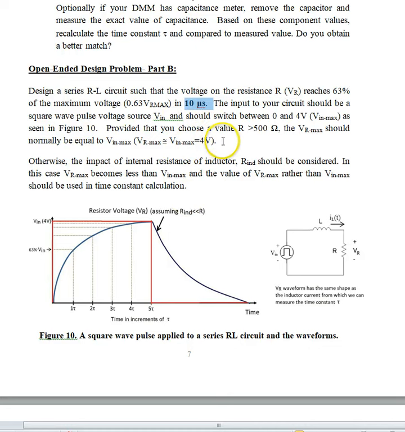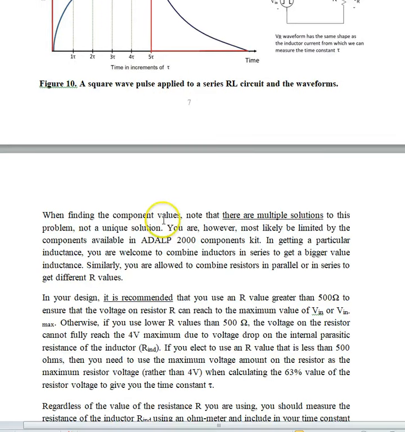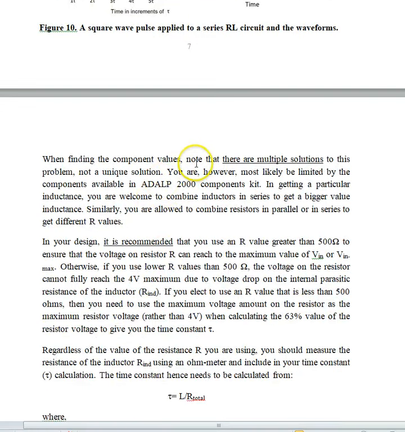And again, you need to have the resistance value be more than 500 ohms to reduce the error. So do not pick an inductor that's large and a resistance that's 100 ohms. You're going to have this one not reaching the fullest value. Again, there are multiple solutions on this one.